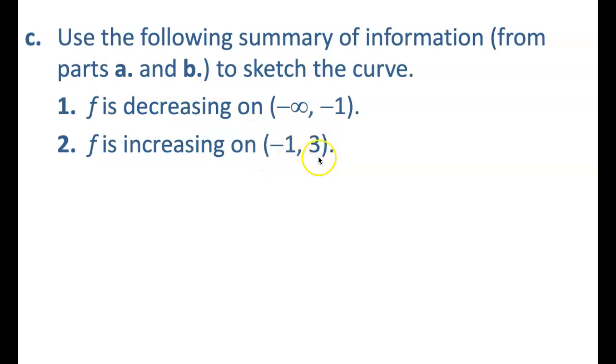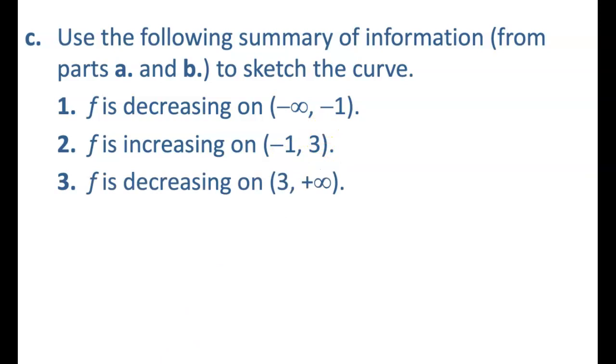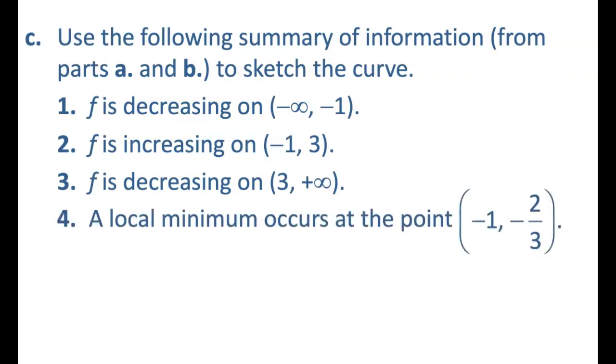That's why we use these rounded parentheses. It's called an open interval. You don't have to remember which one to use, because on these intervals we're always going to use the rounded parentheses, no square brackets. f is decreasing from 3 to positive infinity. So that's the notation you'll be using in your homework.